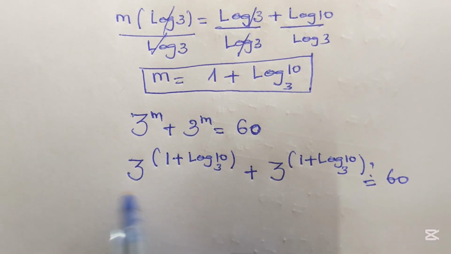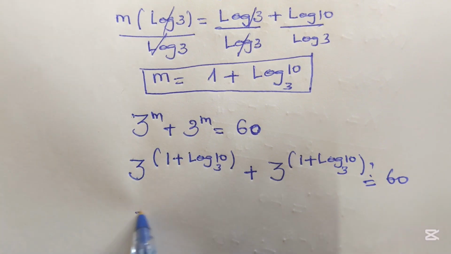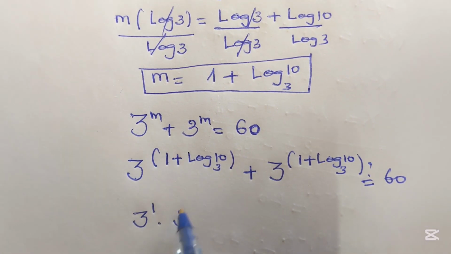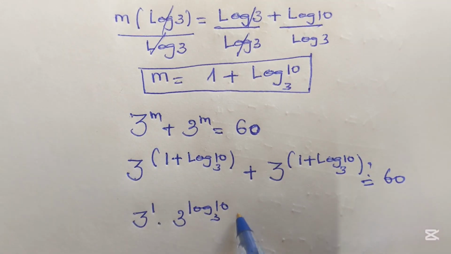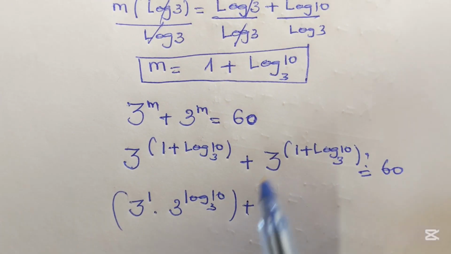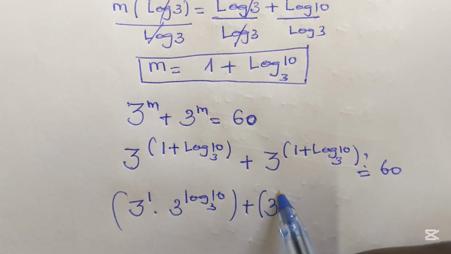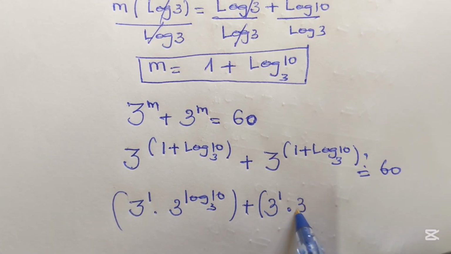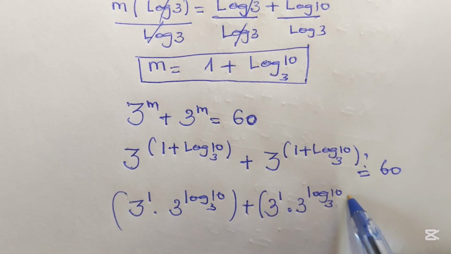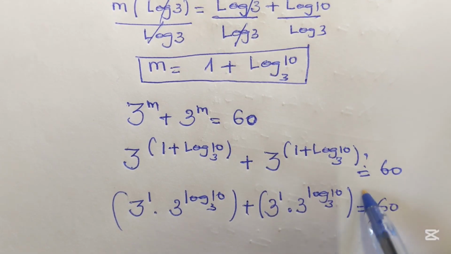Then here we know this is equal to 3^1 times 3^(log of 10 to the base 3). Then we have to do it again. 3^1 times 3^(log of 10 to the base 3) equals 60?